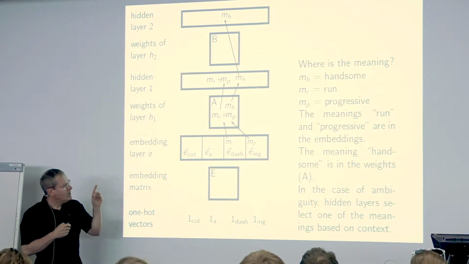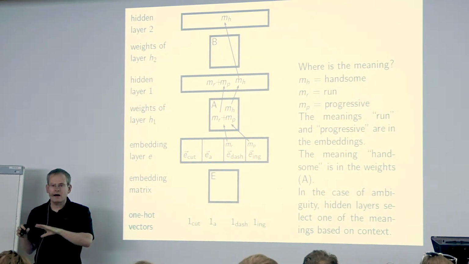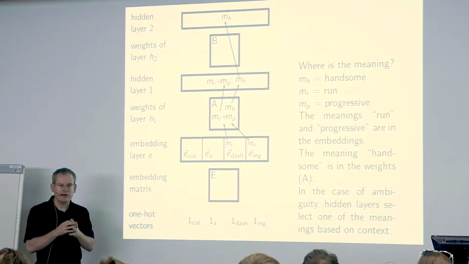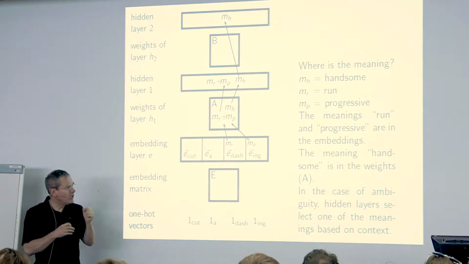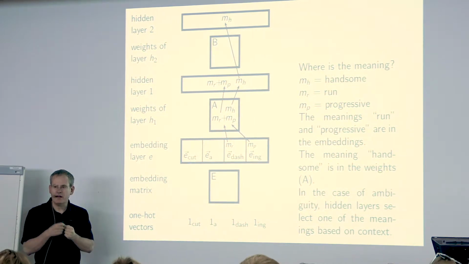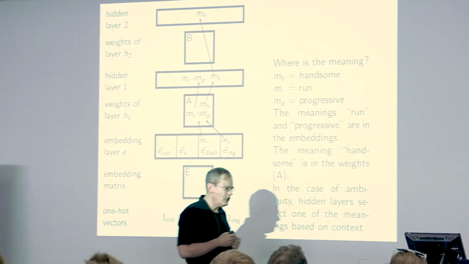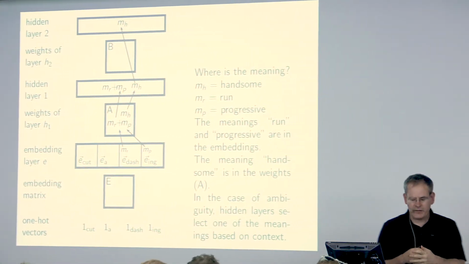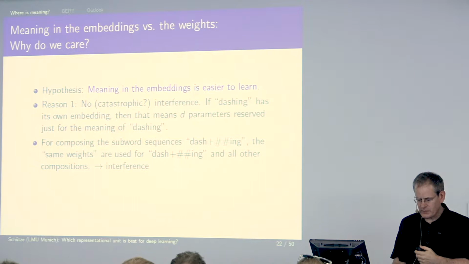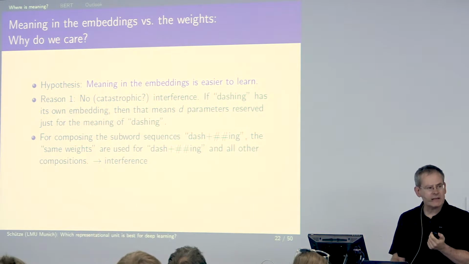And there's no modularization here where a few parameters are for one composition and other parameters are for another composition. It's all mushed together. Any parameter in A is going to have an influence on the composition of dashing and on all other idiosyncratic compositions. So that's not a very nice machine learning setup, where everything is thrown together, all of these different idiosyncratic compositions. So that's the first reason why meaning in the embeddings is easier to learn.